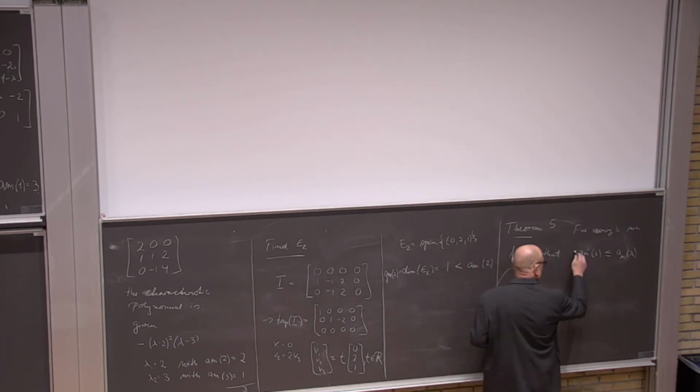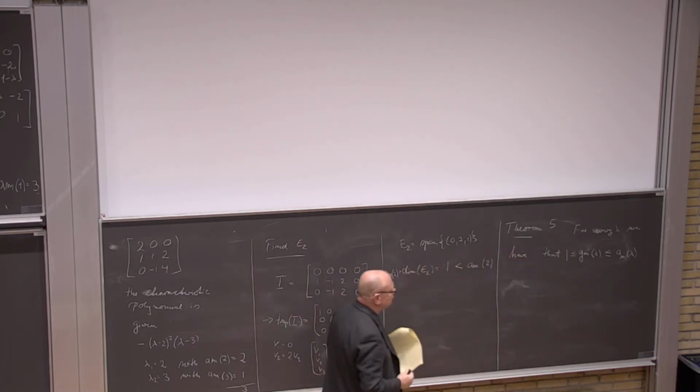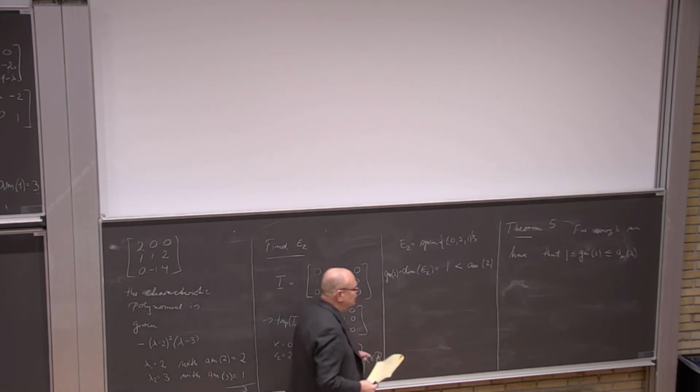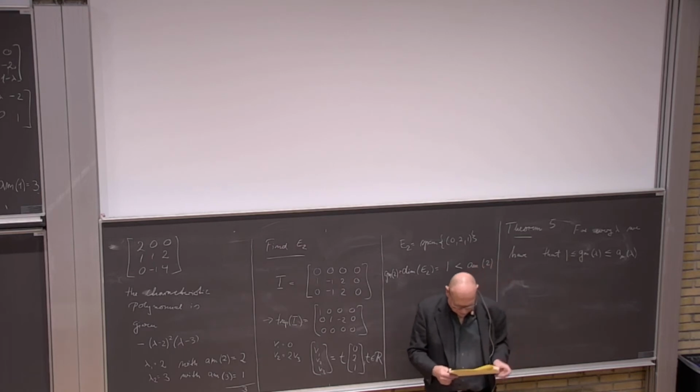Also, you can show that it is always greater than or equal to 1, because there's always an eigenvector, even though you have the algebraic multiplicity of 1.